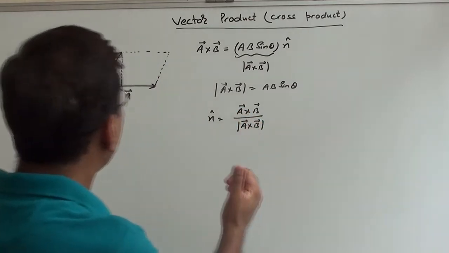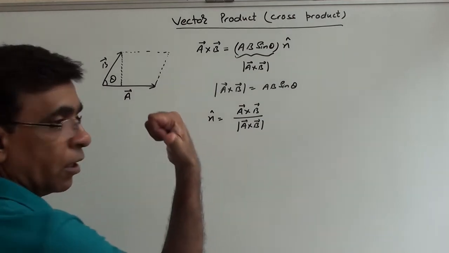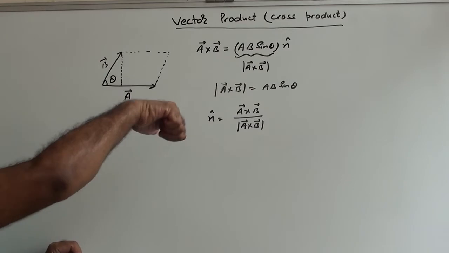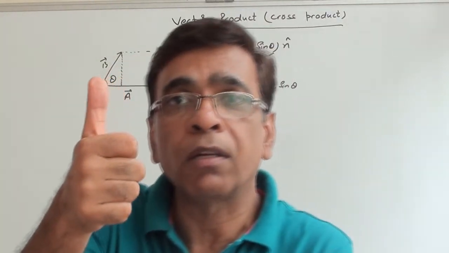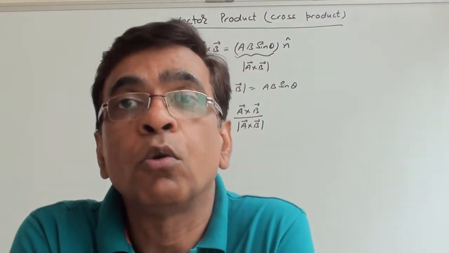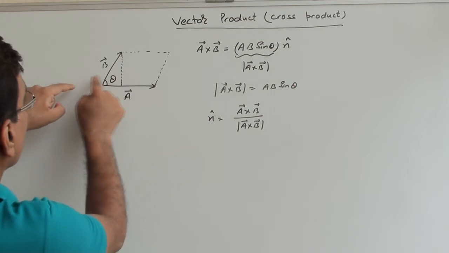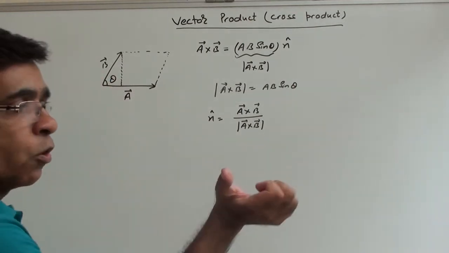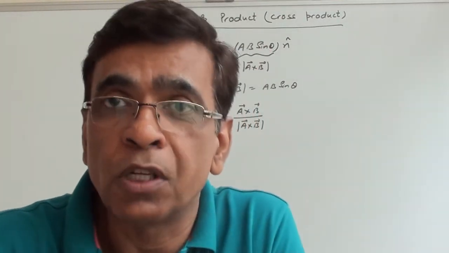So if I have to find A cross B, it is outward. If I have to find B cross A, we turn our fingers from the first vector to the second vector through the smaller angle. A and B have a smaller angle and a larger angle between them, and I have to turn my fingers through the smaller angle.